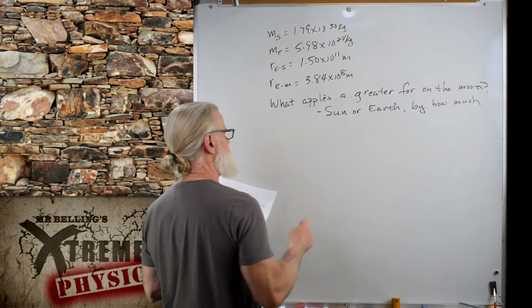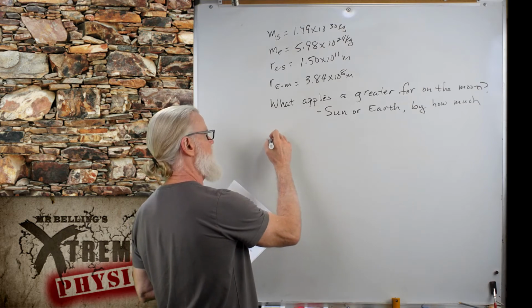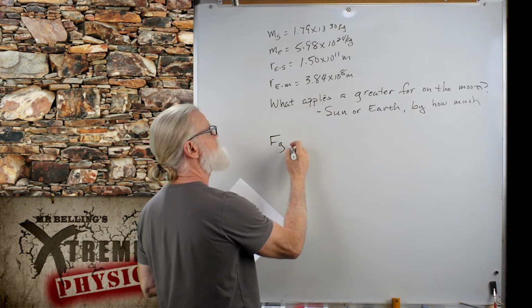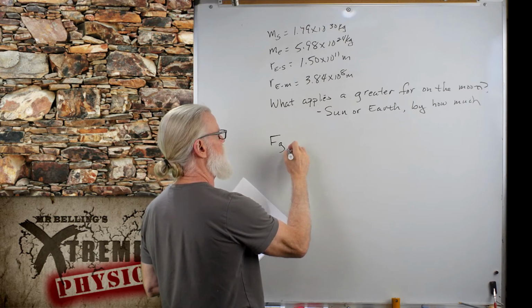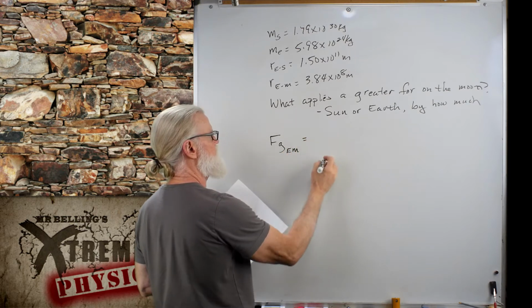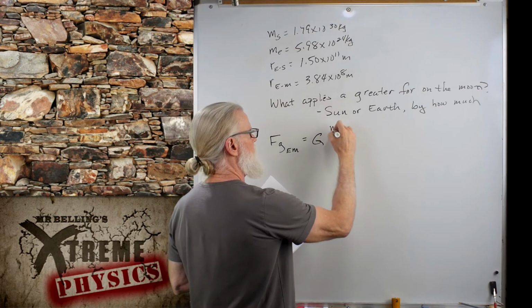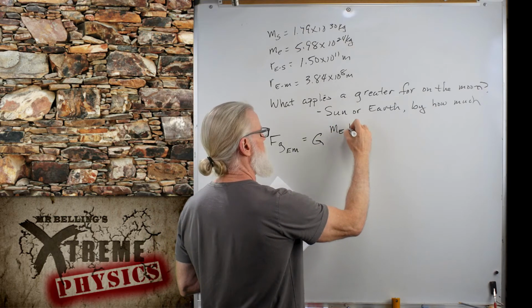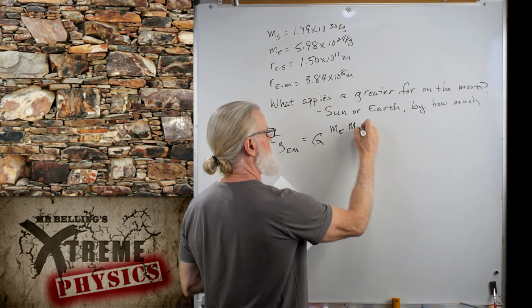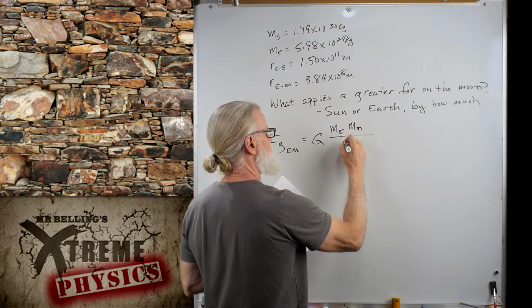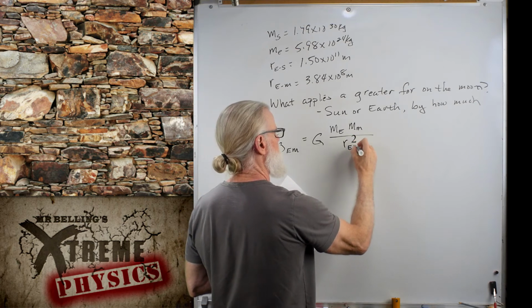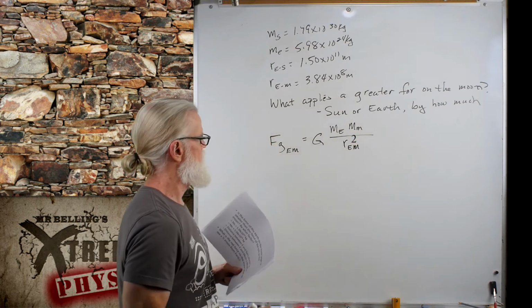All right, so what I'm going to do is say, I've got the force of gravity of the Earth on the moon. Force of gravity of the Earth on the moon equals G, mass of the Earth, mass of the moon, divided by the distance between the Earth and the moon.